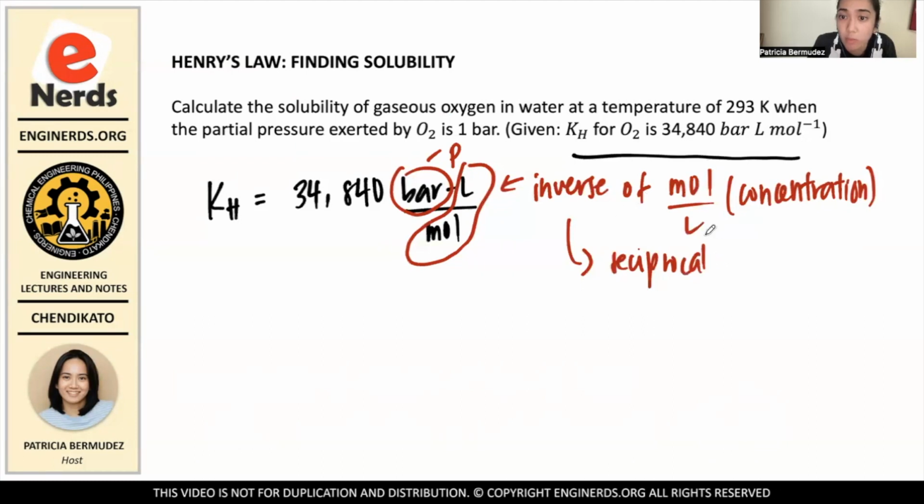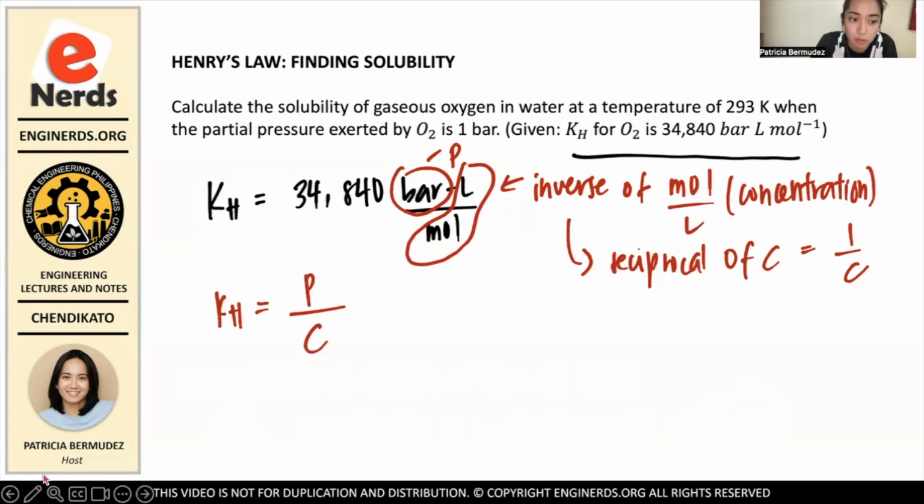And then reciprocal of concentration, reciprocal of C, which is 1 over C. Therefore, yung KH natin here is equals to P, nasa numerator siya, times the inverse of C, which is 1 over C. So if you multiply that, it will be P times 1 over C, which is P over C. So ito yung formula na gagamitin natin based on the units given here of the Henry's law constant.